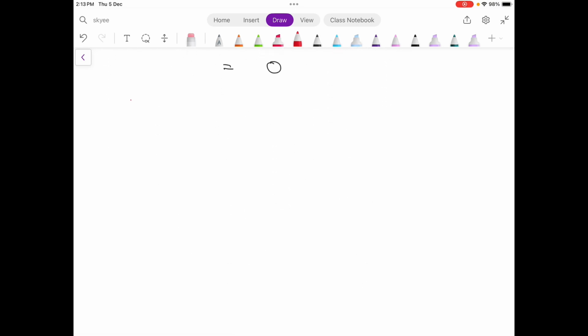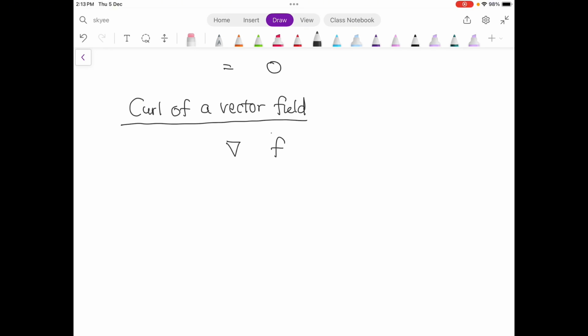That will be the curl of a vector field. Again, it is dealing with the vector field. For the curl, we are going to replace the dot in the middle with a cross.